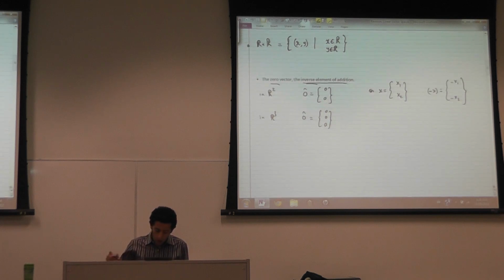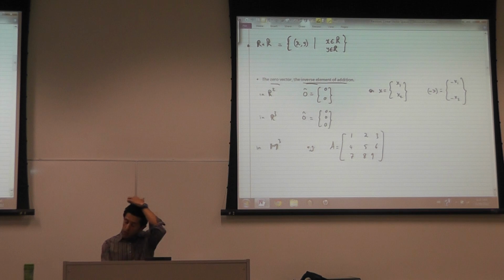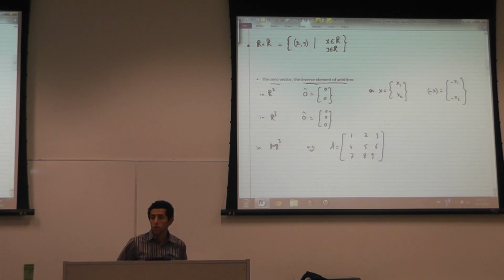Not only this, also the space of matrices. The space of matrices, for example, A is equal to 1, 2. The space of square matrices of size 3: if you add two matrices to each other, you get another matrix inside the same space.